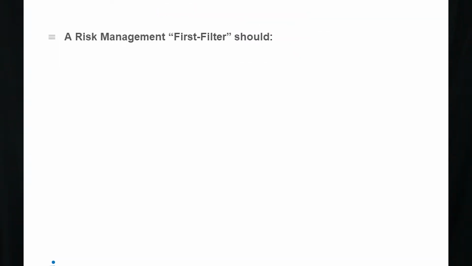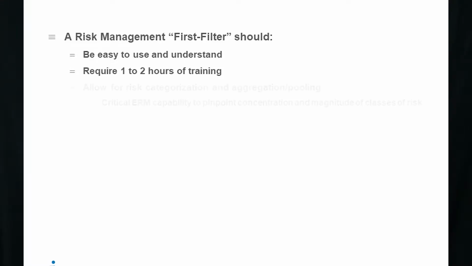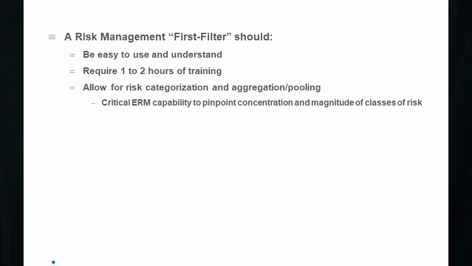In summary, a risk management first filter should be easy to use and understand, require only about 1 to 2 hours of training. It should allow for risk categorization and aggregation or risk pooling. This is a critical component of enterprise risk management.